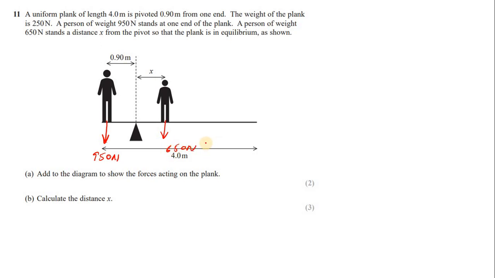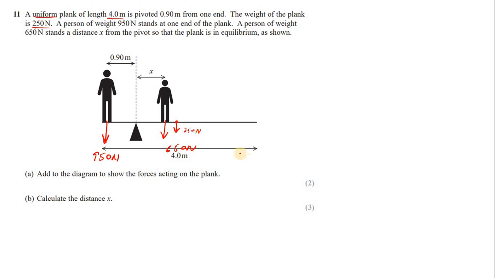And then you can have a weight, of course, the weight of the plank, 250. So this is 4 meter, and it is a uniform rod, so weight will be acting at the center. Around the center of this plank, somewhere here, you can draw the weight. So this is 250. Again, I'm saying you don't need to mark the value. Arrows are important, the correct arrows.